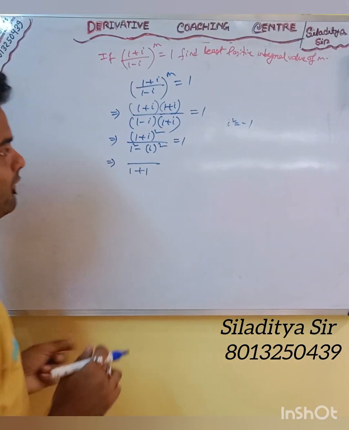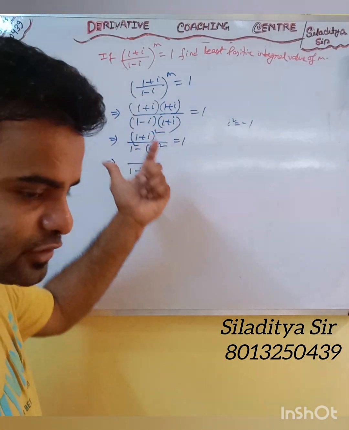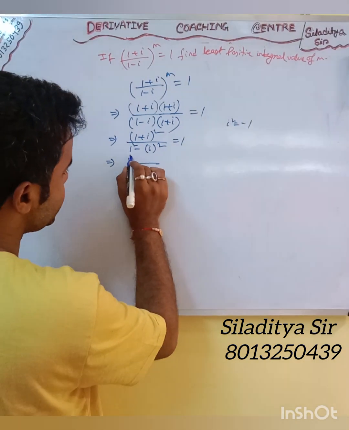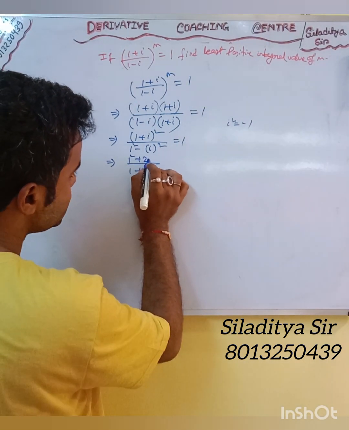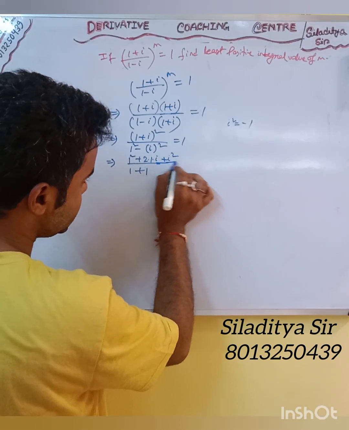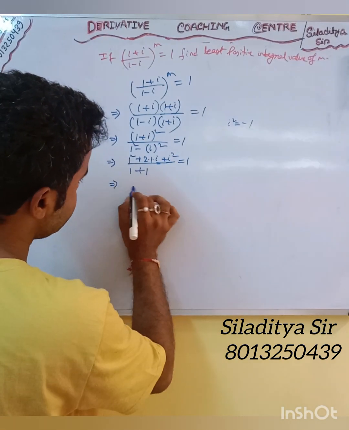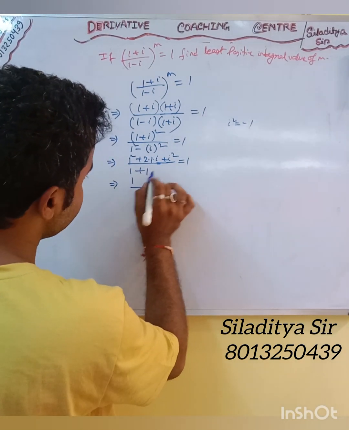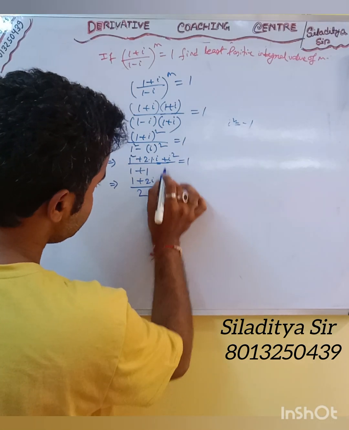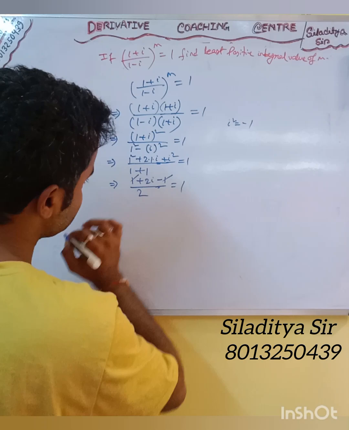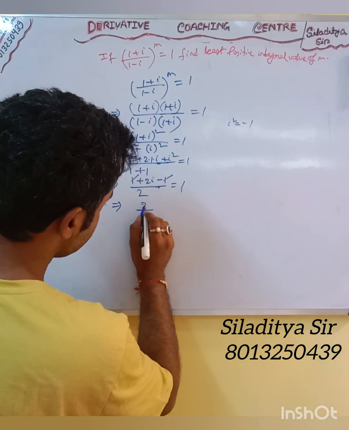And find the value of 1 plus i whole square using the a plus b whole square formula: a square plus 2ab plus b square. That is 1 square means 1 plus 2i, and i square means minus 1. Now minus 1 plus 1 cancel out, that is 2i.